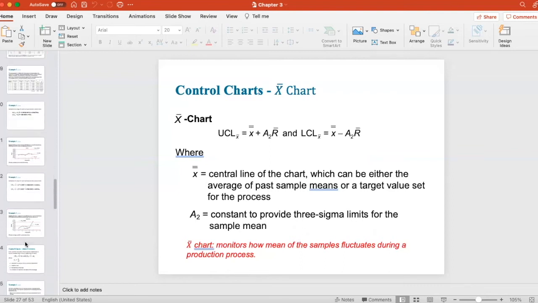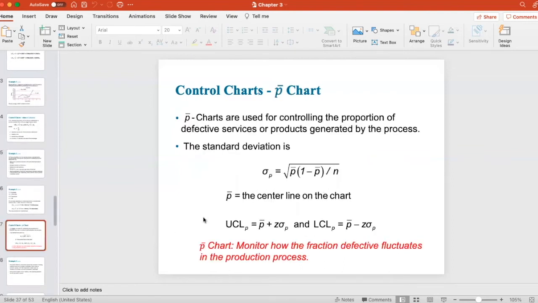Now let's directly jump to P bar chart. What is P bar chart monitoring? Very simple. What does P bar mean? P actually represents the proportion. The P bar chart specifically is monitoring how the fraction of the defective products fluctuates in the production process.